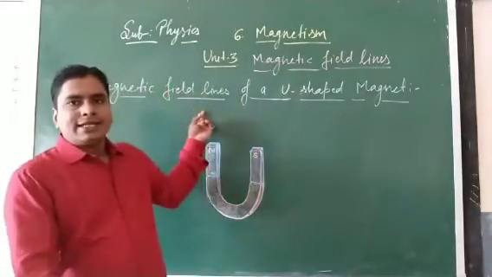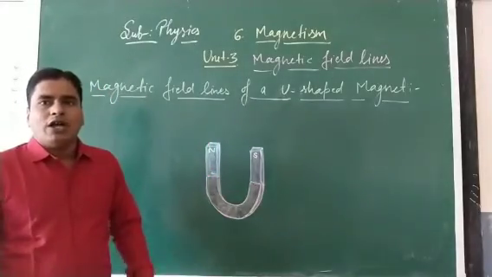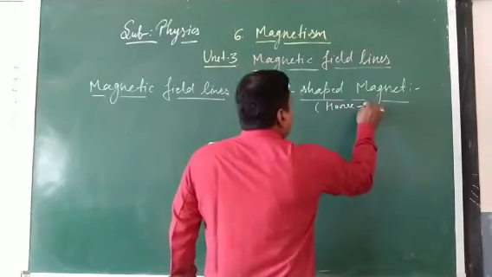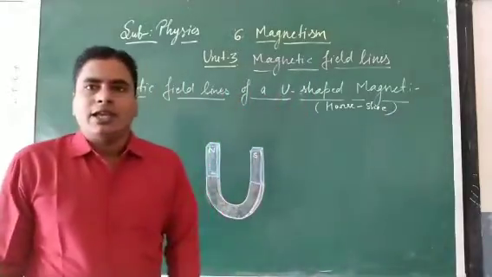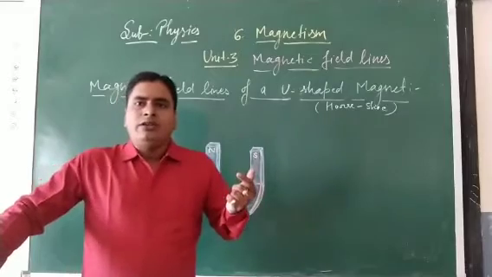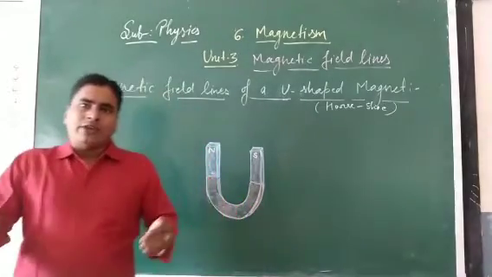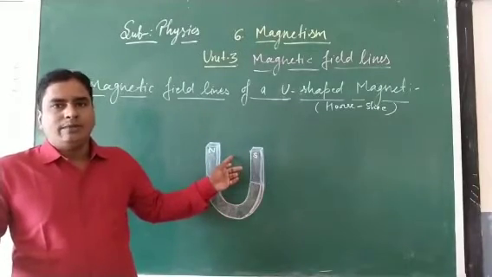Today we will discuss the magnetic field lines of a U-shaped magnet, or horseshoe magnet. Clear? As we drew the magnetic field lines of a bar magnet, in the same way we will draw the magnetic field lines of a horseshoe magnet or U-shaped magnet.